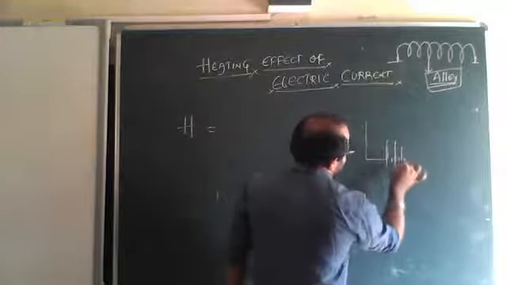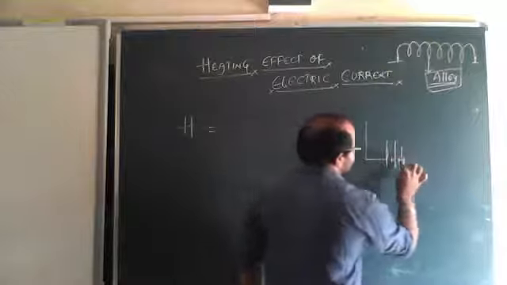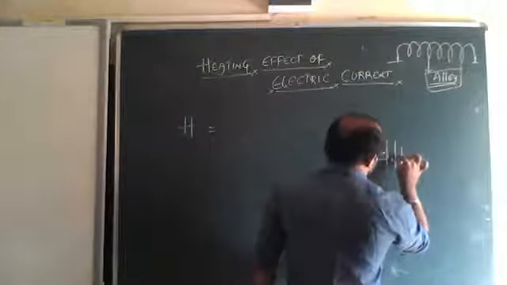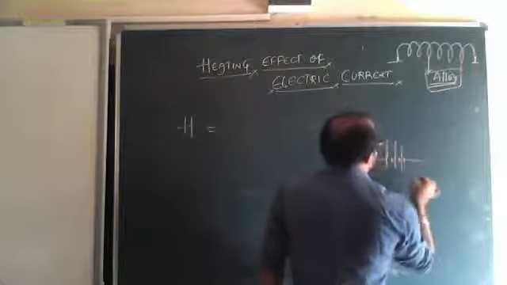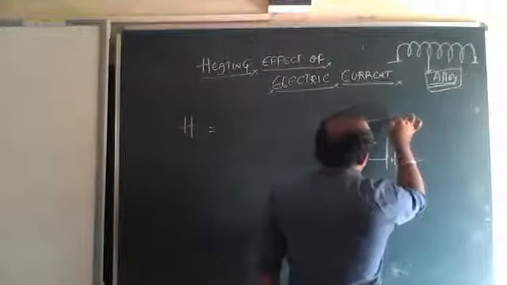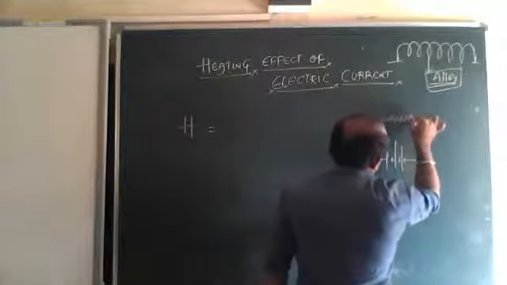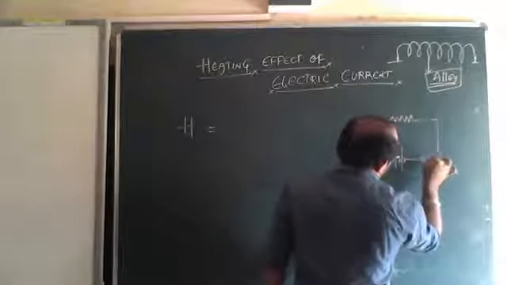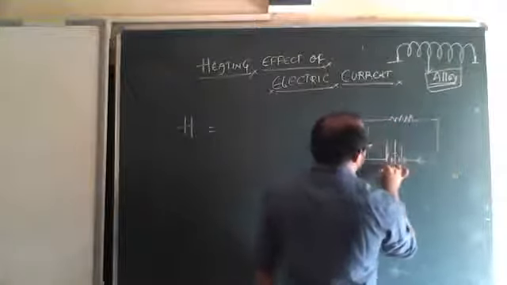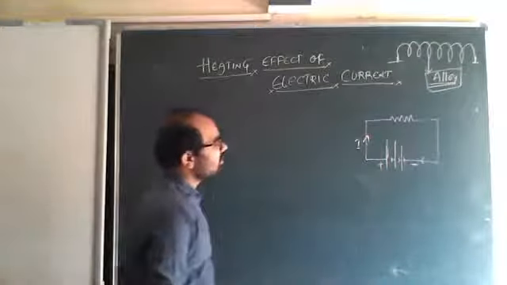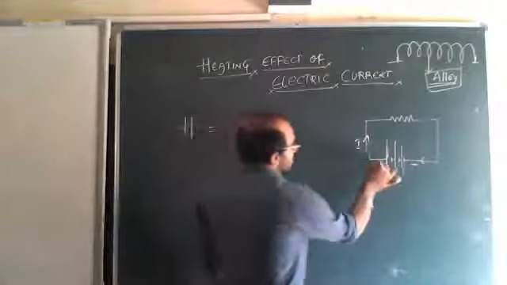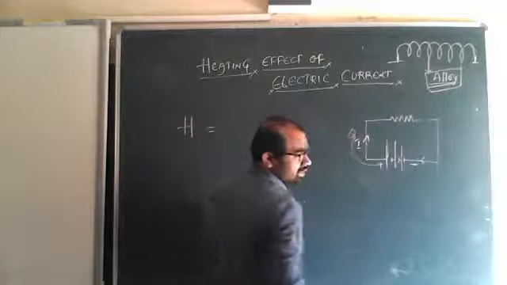If I draw the circuit, if I take a resistor here, with plus and minus, the current is flowing. In the circuit, charges are flowing, right?